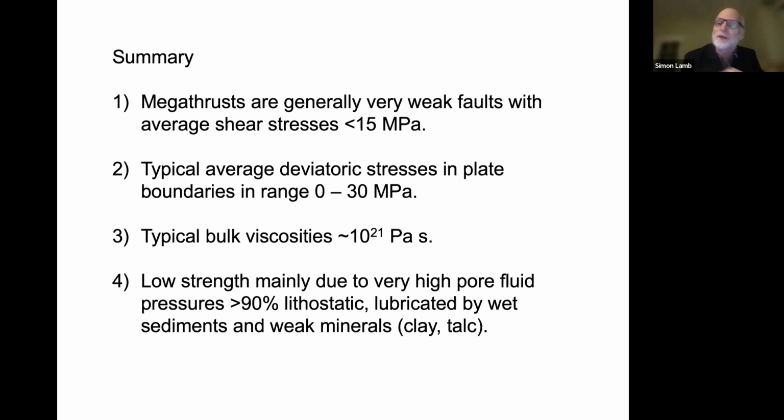And I suppose it would be interesting to say what the maximum strength of the system is. But there's a big argument about how you reconcile low strength with this idea of high pore fluid pressure.